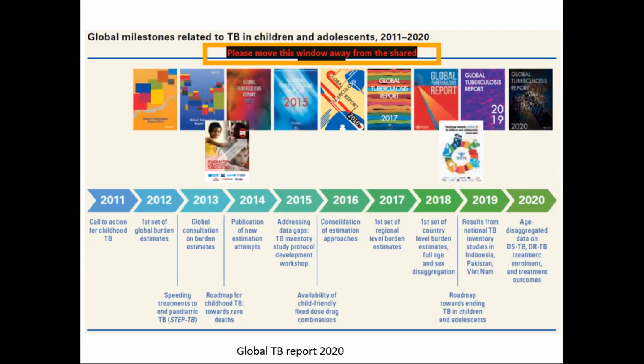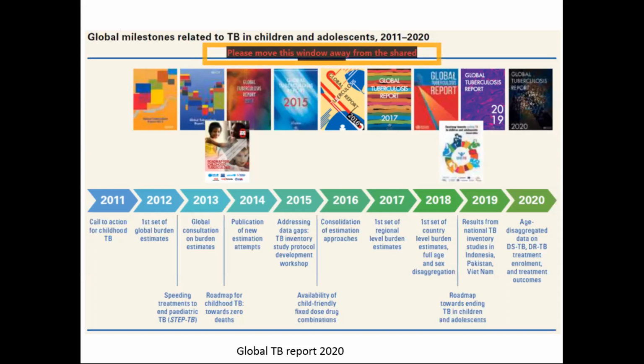There have been some significant milestones, including the first in 2012 of STEP TB, which was followed by the development of the roadmap, which basically provided a vision of having zero TB deaths.